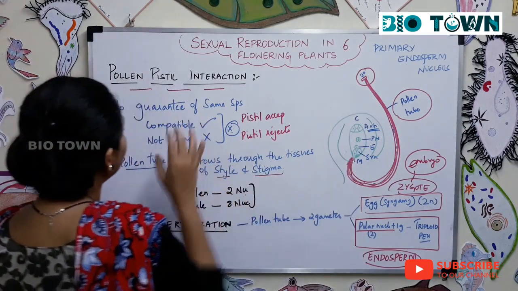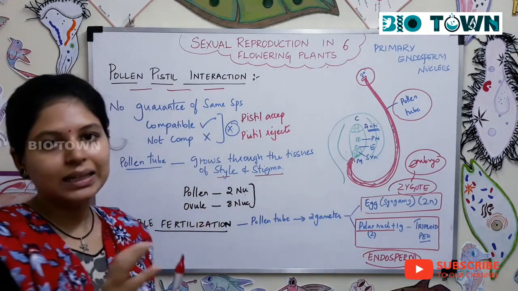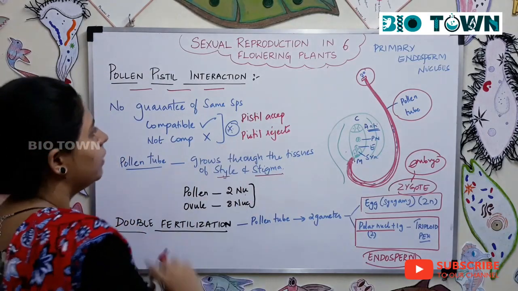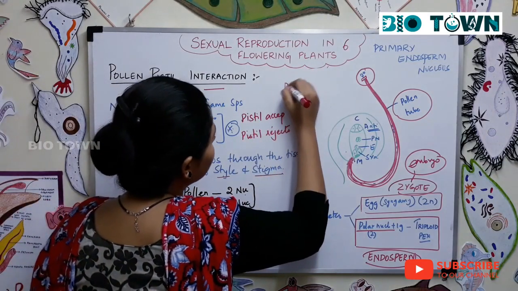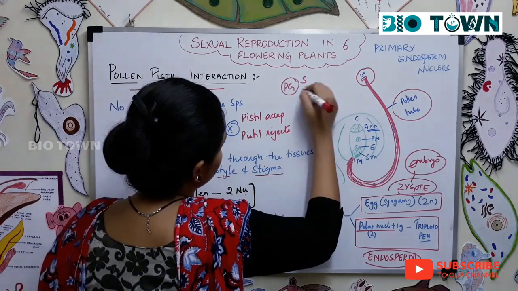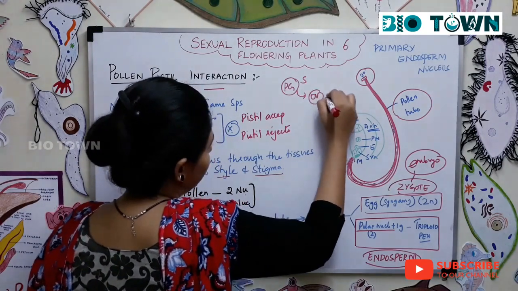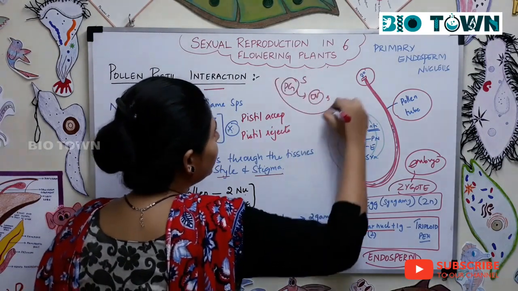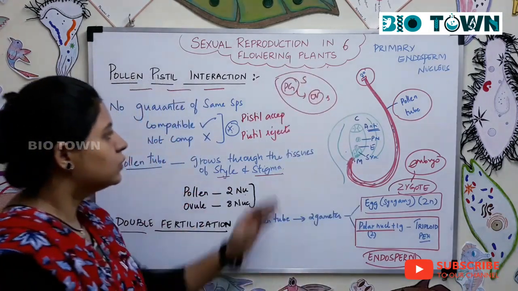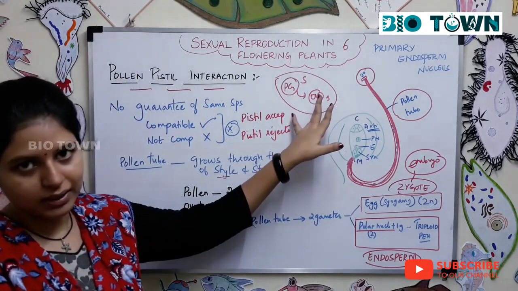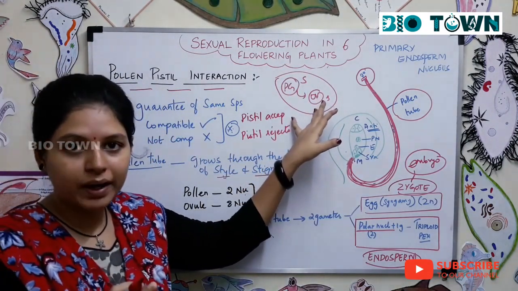Now there is something called compatibility and incompatibility. When the pollen grains of the same species fuse with the ovules of the same species, it is said to be compatible, right? The pistil accepts the pollen grains, and this is called compatibility.